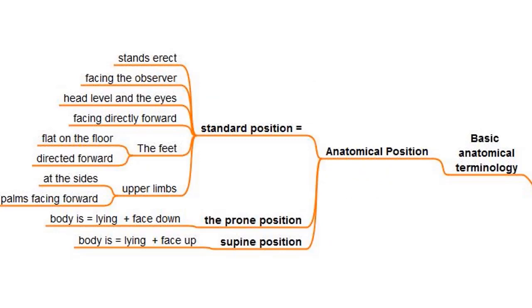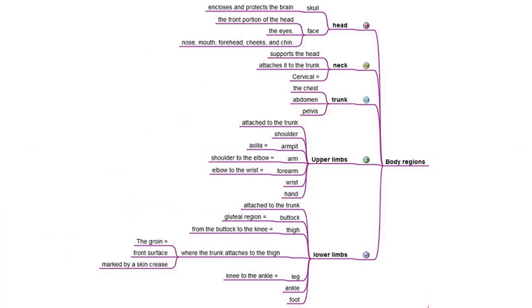This is a description of the standard anatomical position. Describing it, just follow the lines and you will remember all the images. And here it is written in the form of a mind map.